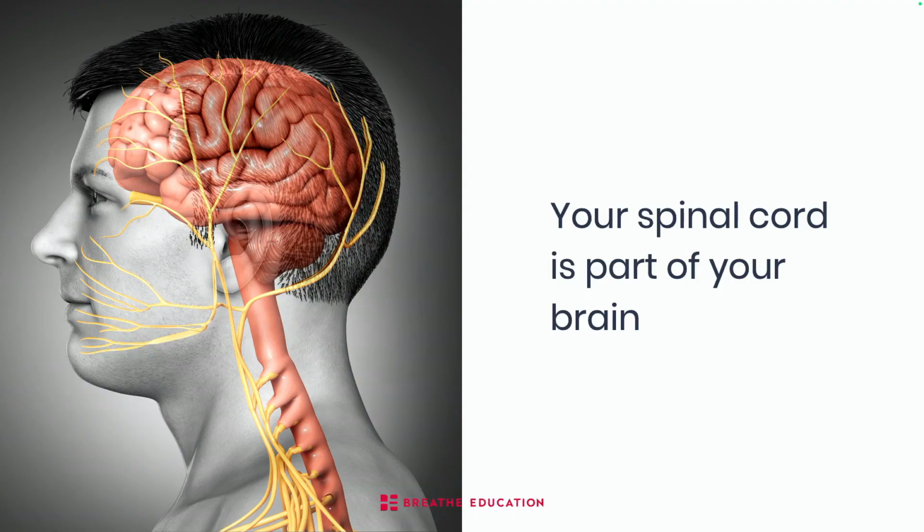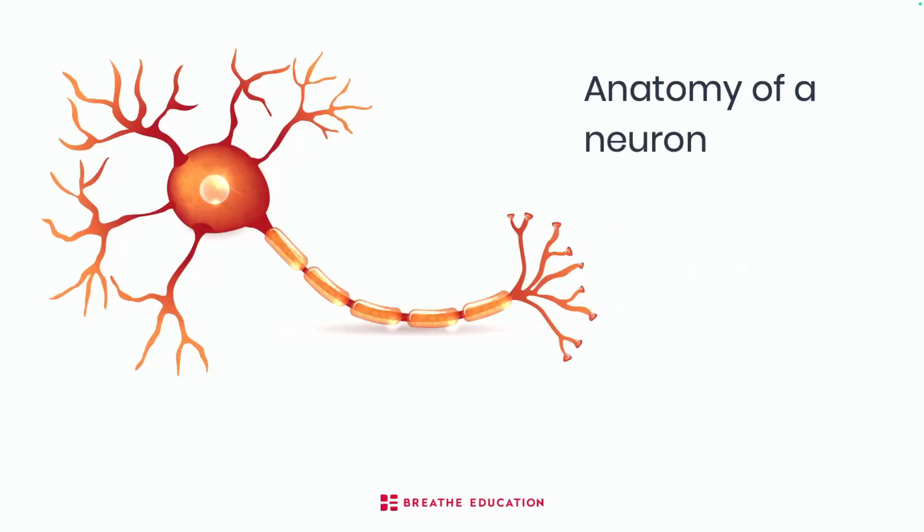Okay, so your spinal cord is not a separate structure to your brain. It's actually part of your brain. Your brain is made of the little grey cells, as Hercule Poirot would have it. And the little grey cells are called neurons.